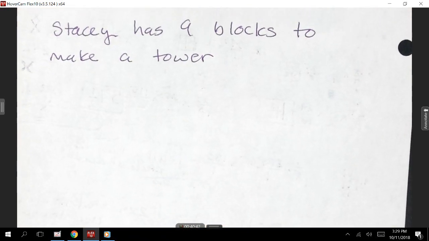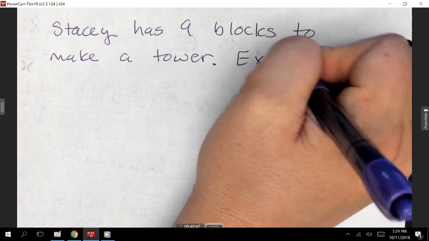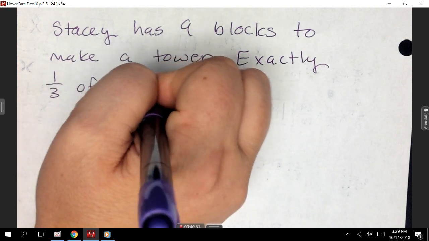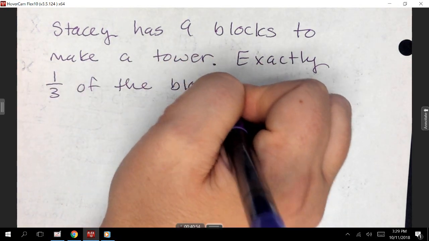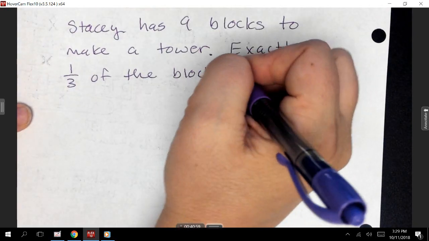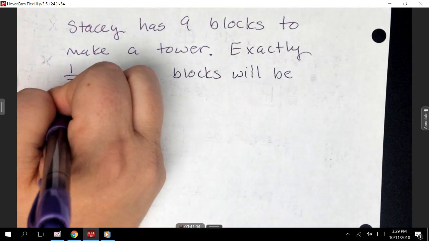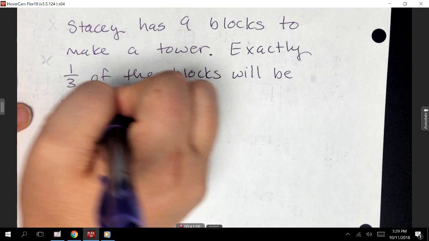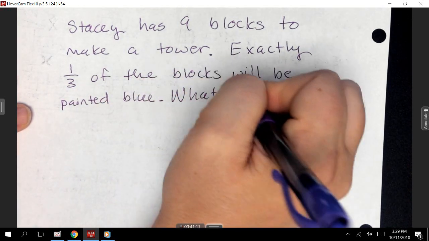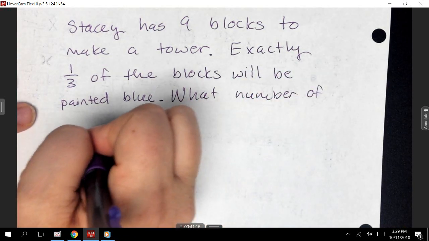Exactly 1/3 of the blocks will be painted blue. What number of blocks will be blue?